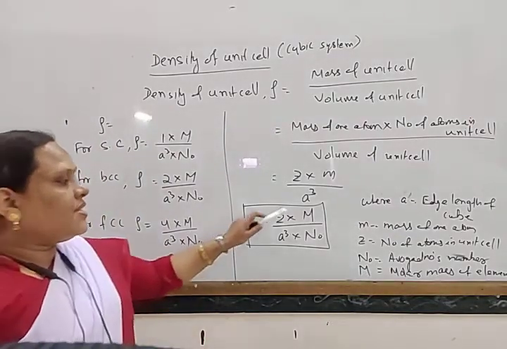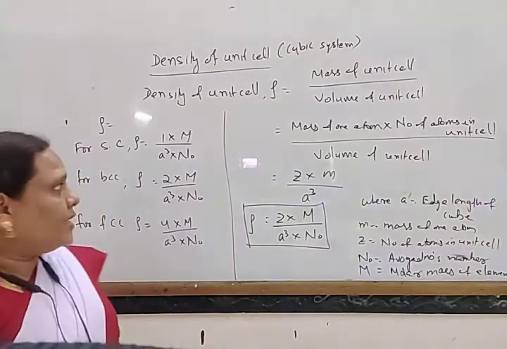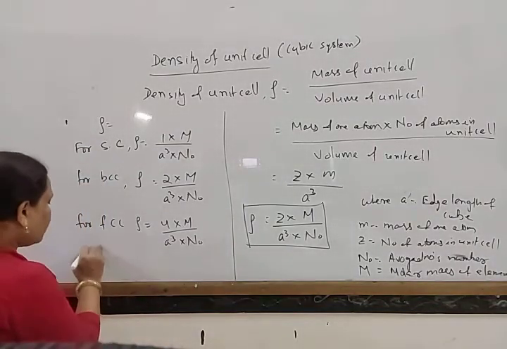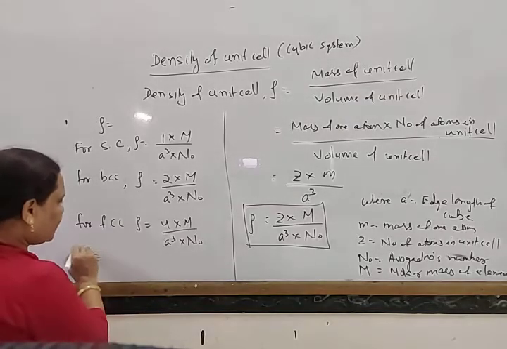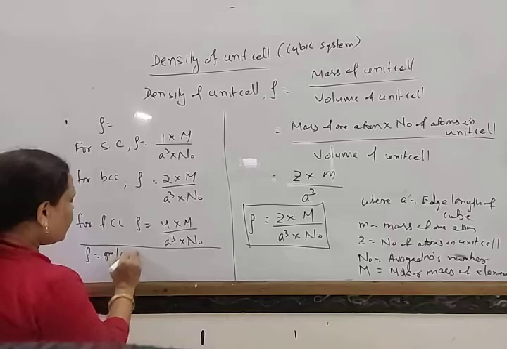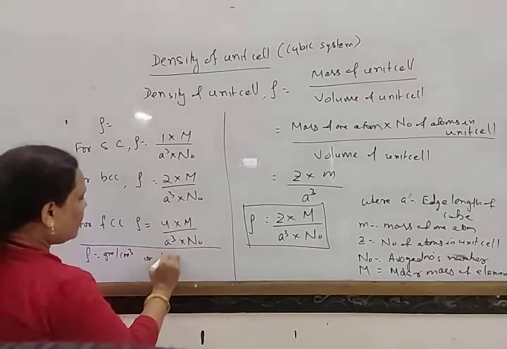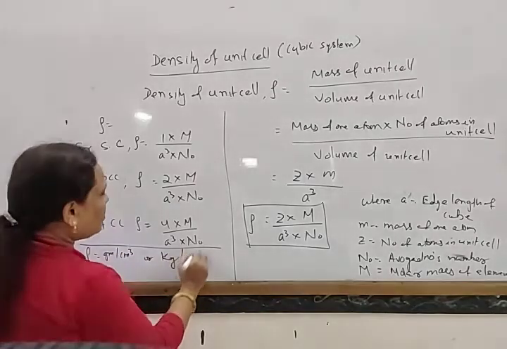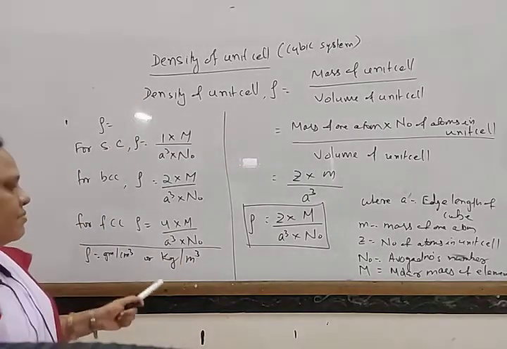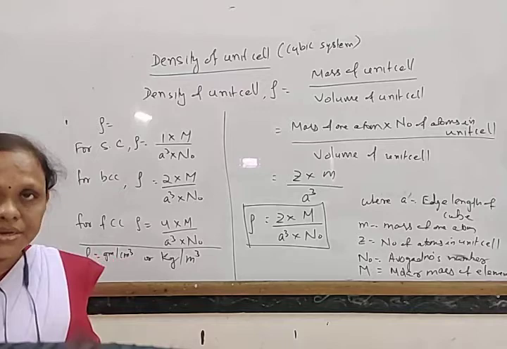So rho equal to Z M by a cube into N0. And what is the unit? Rho is generally expressed in gram per cm cube or kg per meter cube.